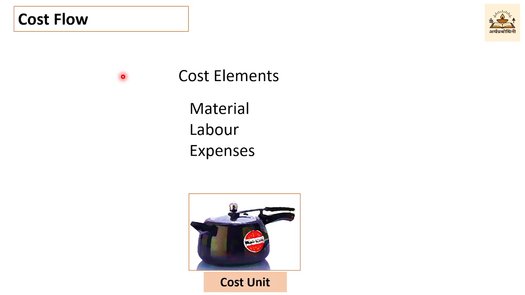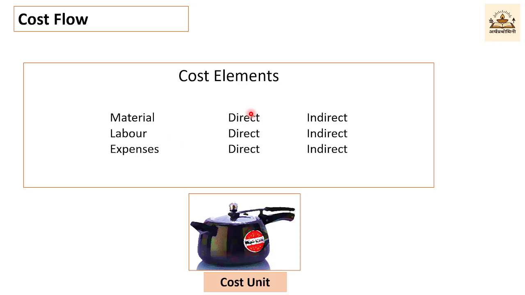These cost elements are broadly classified under the following heads, that is, material, labor, and expenses. These are further classified as direct and indirect.